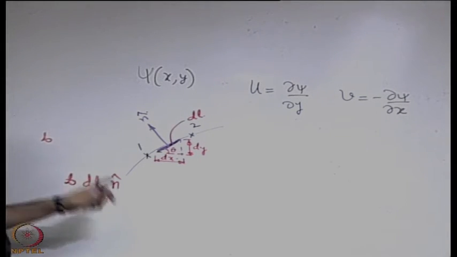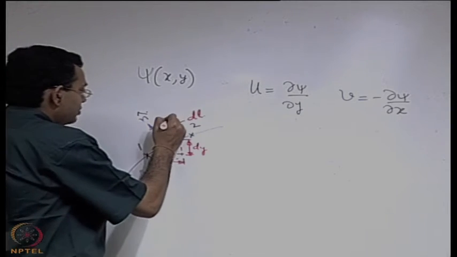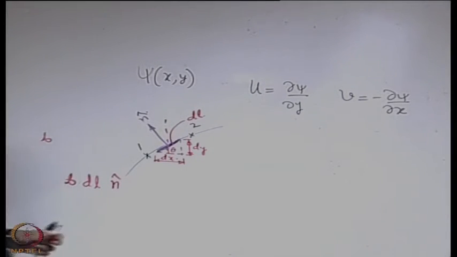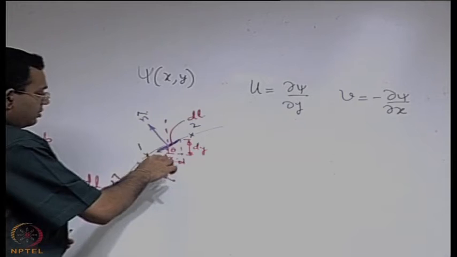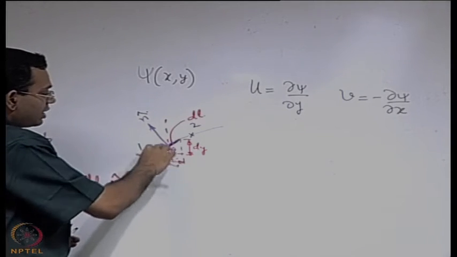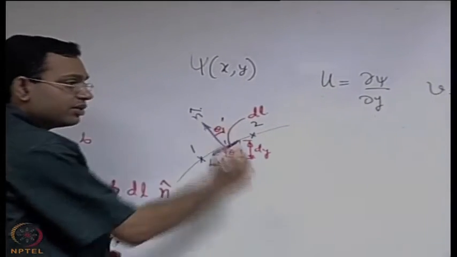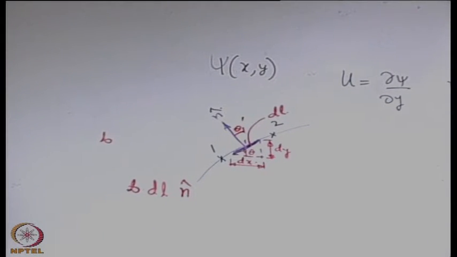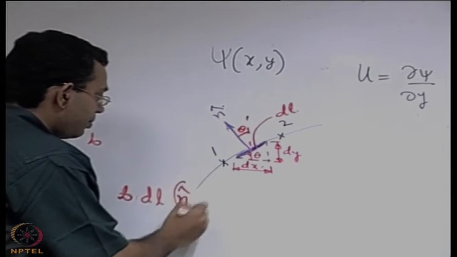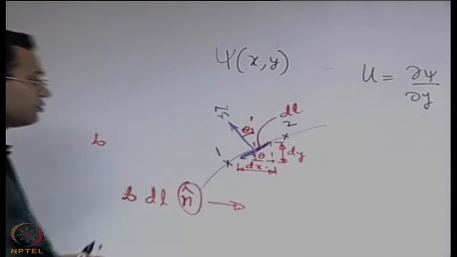So, the unit vector in terms of theta, how can you write it? Say the tangent to the curve makes an angle theta with x. So, the normal to the curve makes an angle theta with y. So, how can you write n cap in terms of theta?